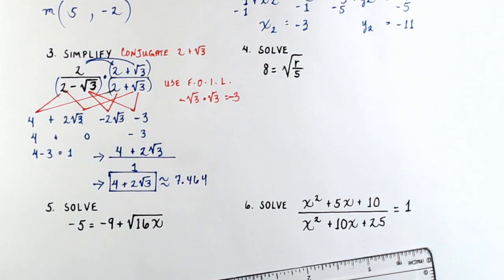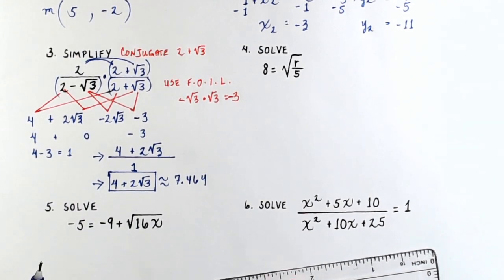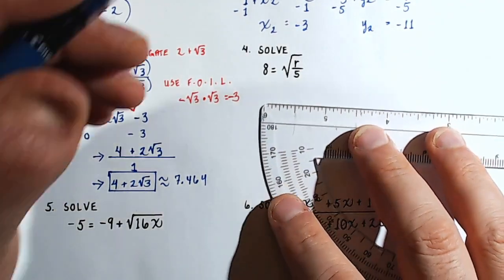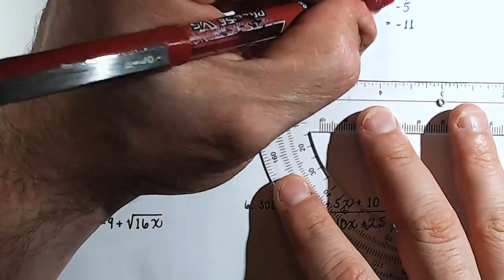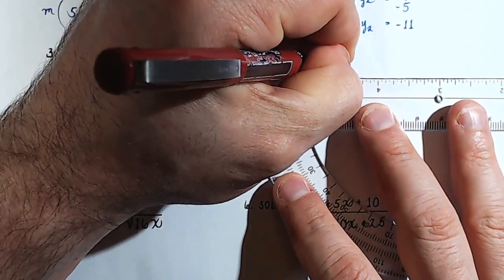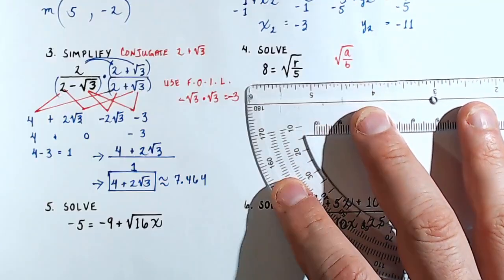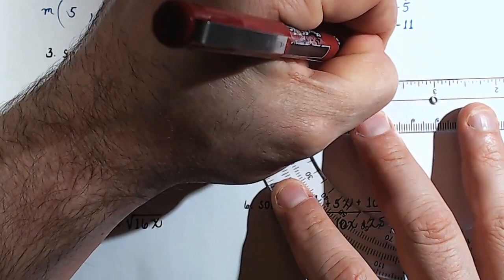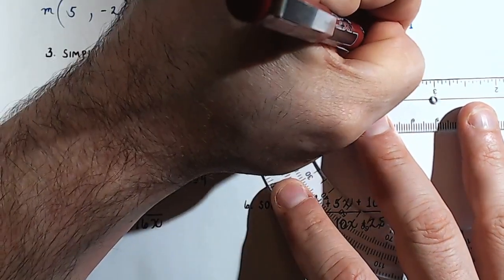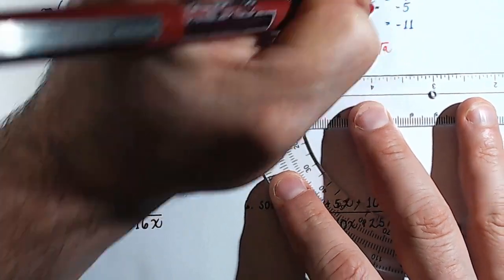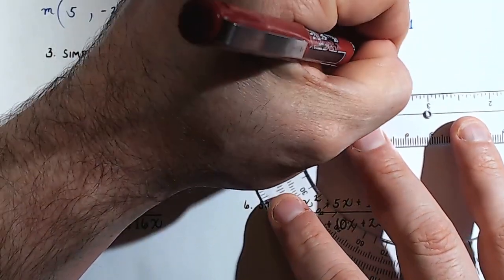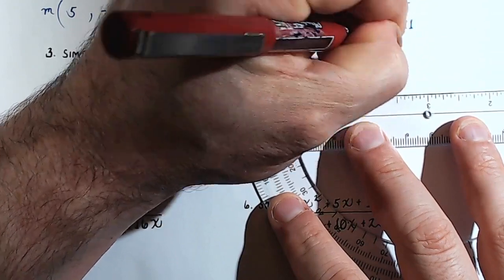Number 4, solve 8 equals square root r over 5. All right, so there's a rule about square roots, and that rule is very important here. The square root of a over b can be written as the square root of a over the square root of b.